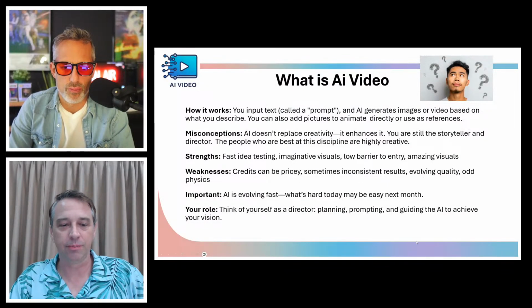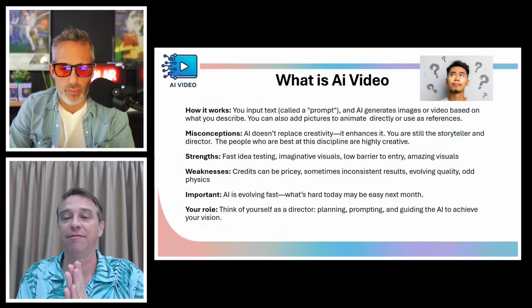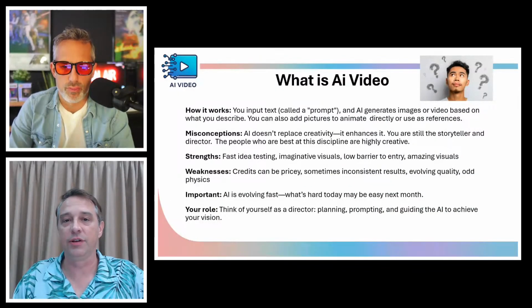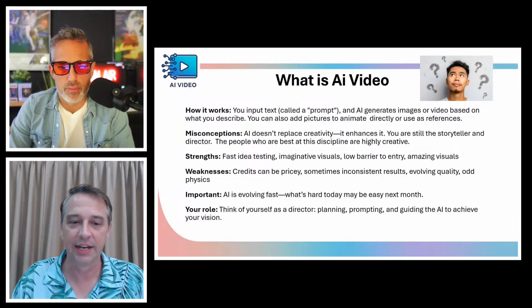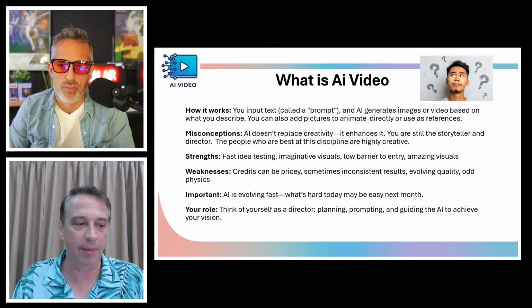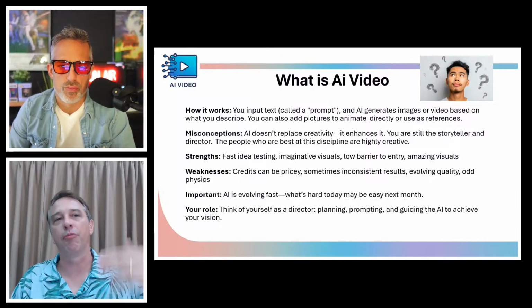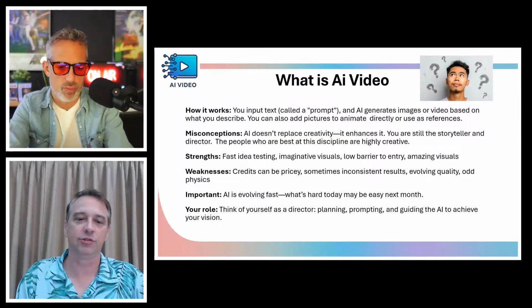So it's important to know that AI is evolving fast, and whatever I'm talking about is going to change next month. I've been working on a buyer's guide telling all the features, and it is crazy to keep up with it. Just today, a brand new model for Hailuo MiniMax just dropped.